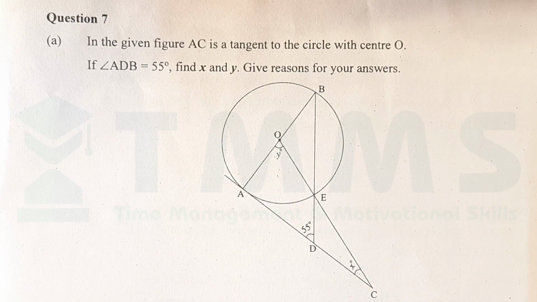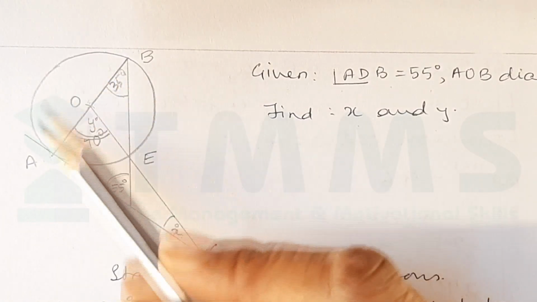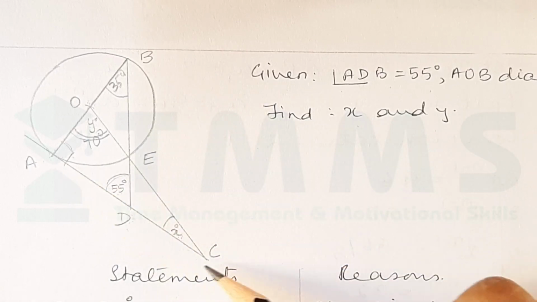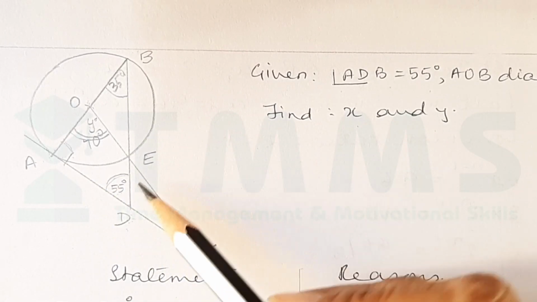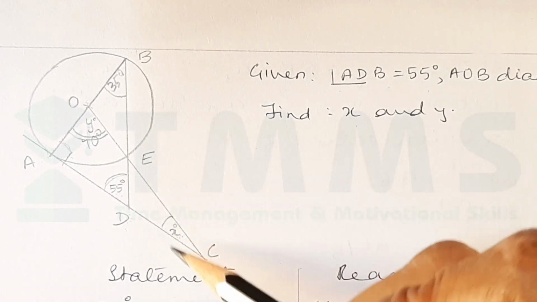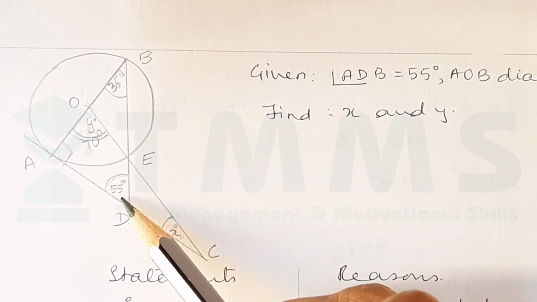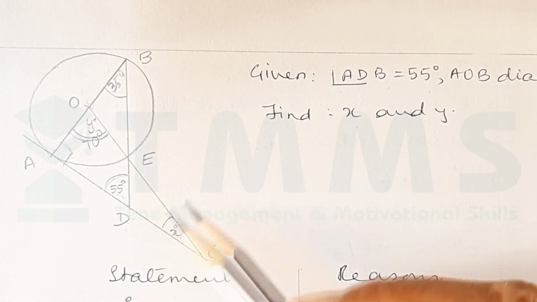Let us draw the diagram and let us see how we connect the known to unknown. So we look at the diagram. The diagram is having this X, this is 55 and this is Y. Now understand that all these unknowns that are there, this X and Y, we have to connect them with this known which is 55.